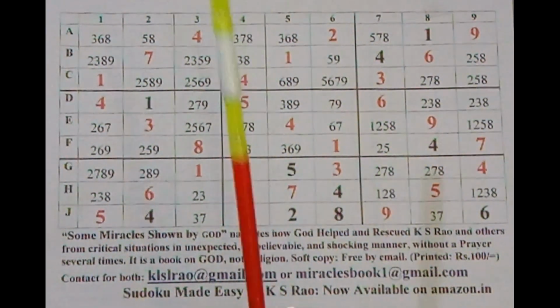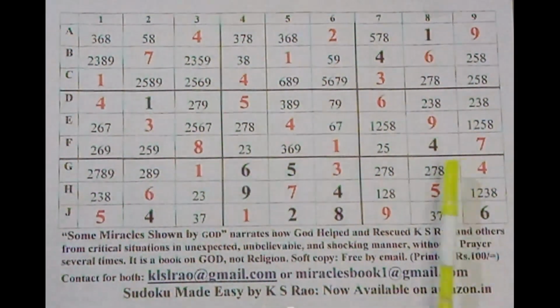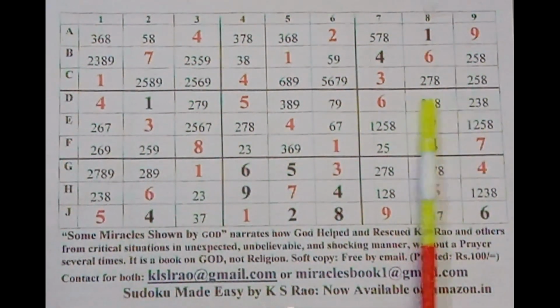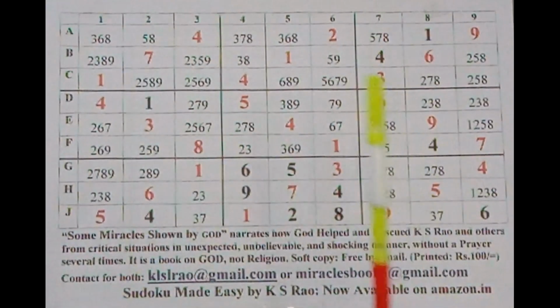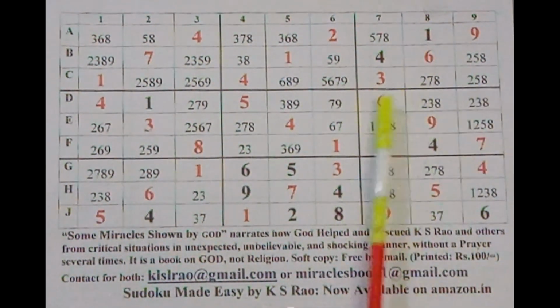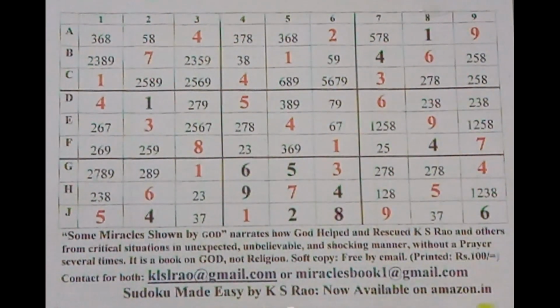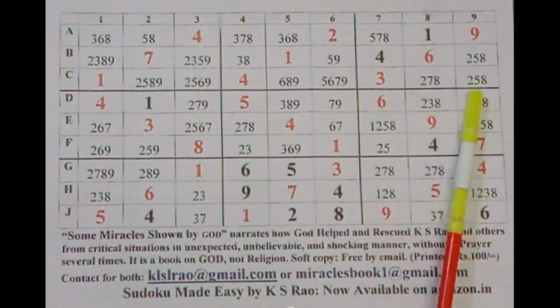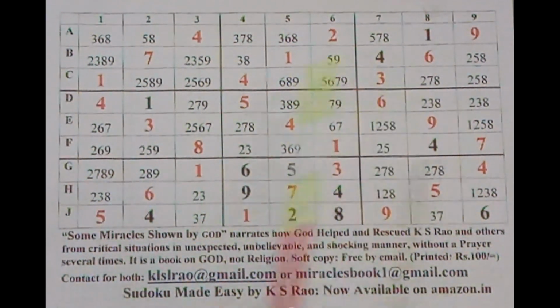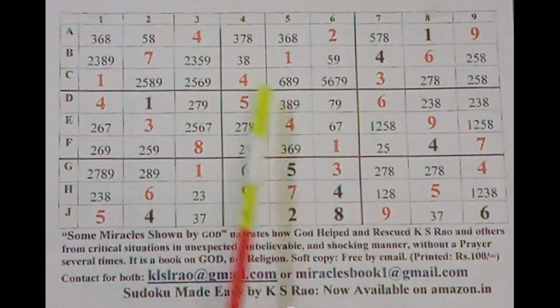Come to this box. Here again we find number 3 occurring in row D part of this box only. That means number 3 has to be here or here only in this box. There is no escape, no other place for number 3. In which case, this number 3 cannot be found elsewhere in row D. Therefore, once again we come to the same D5.